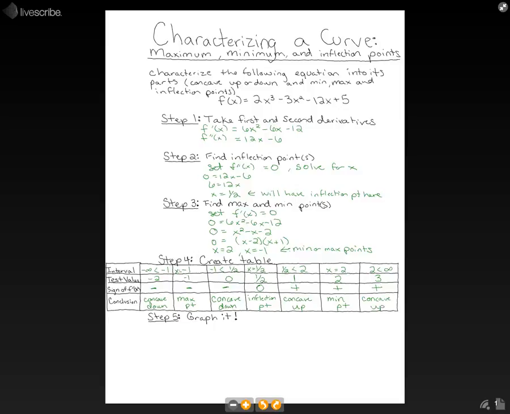And now, from all this information, we can make a kind of sketch of what we think this actual curve looks like. So let's go ahead and make a graph here. Make our axes.